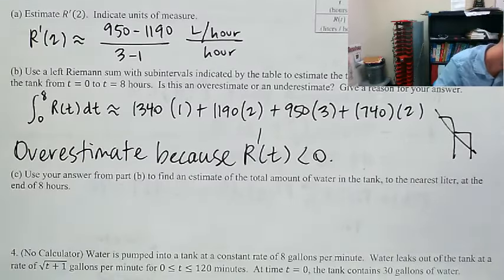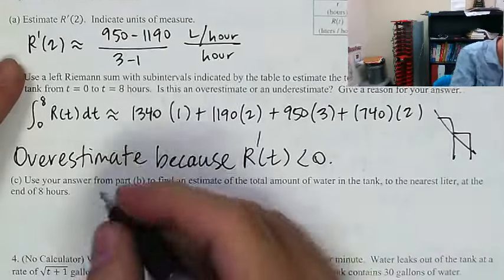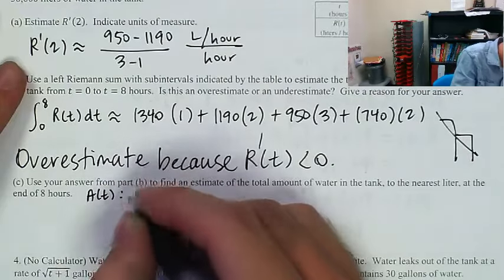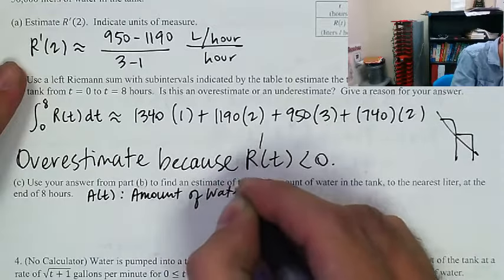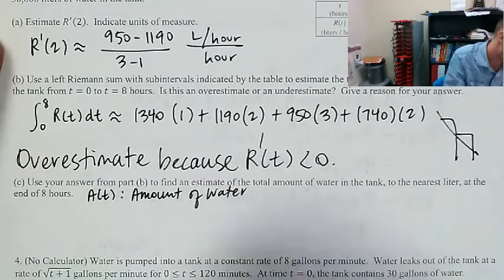Okay. Use your answer from part B to find an estimate of the total amount of water in the tank to the nearest liter at the end of 8 hours. Okay, so we started off saying that A of 0 is 50,000.